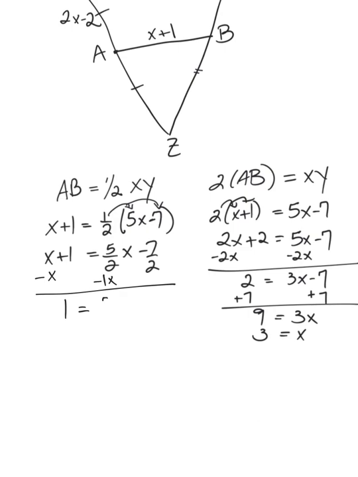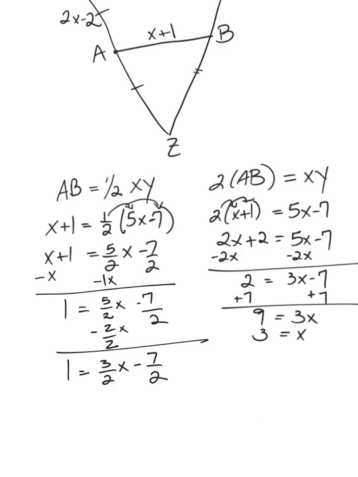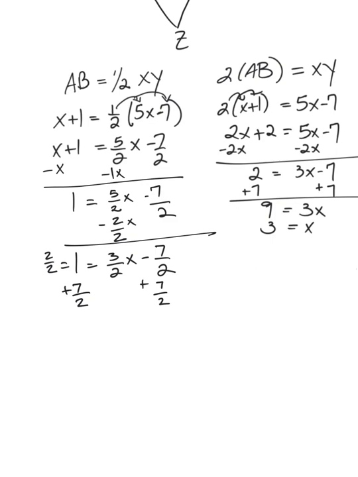I have 5 halves minus, and I have to convert 1 into halves, so that's 2 over 2, x minus 7 halves, giving me 3 halves x minus 7 halves. Now I'm going to add 7 halves to both sides, and of course 1 is the same as 2 over 2.